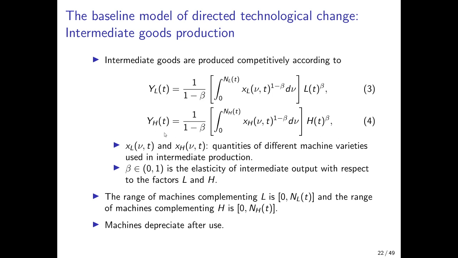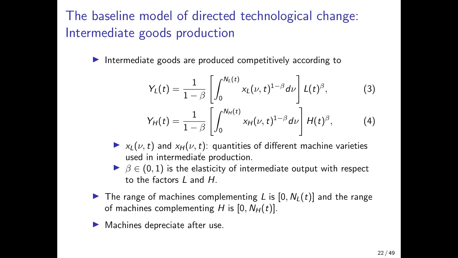And a similar production function holds true for the intermediate good that is produced with high-skilled workers, just that LT and HT change places here, and we have the machines that are suited to high-skilled workers here, and the range over all the machines goes from 0 to NH, because NH is the latest blueprint that had been developed for the machines that are suited to the high-skilled workers.